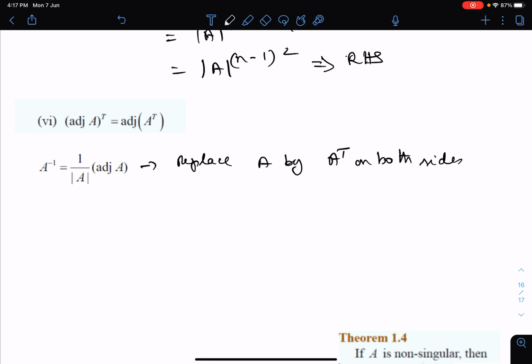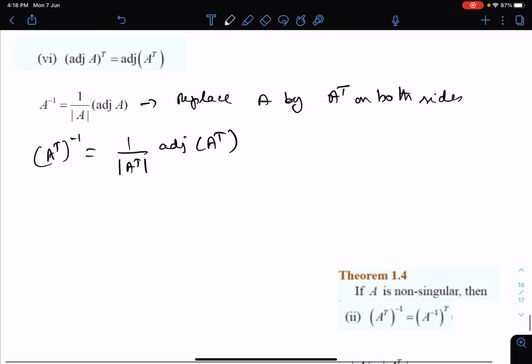So applying A by A transpose, the left hand side will become A transpose the whole inverse equal to 1 by determinant of A transpose into adjoint of A transpose. Now you want adjoint A, so you keep it as adjoint of A transpose.